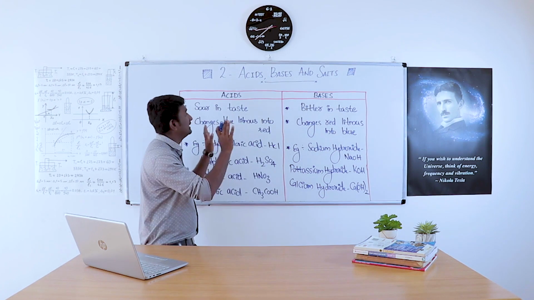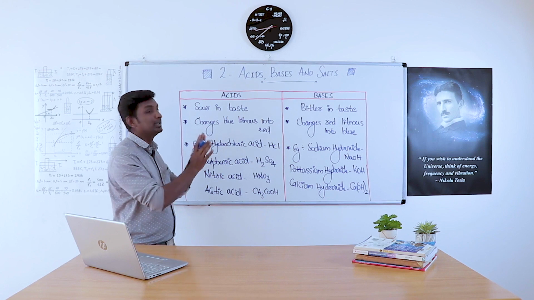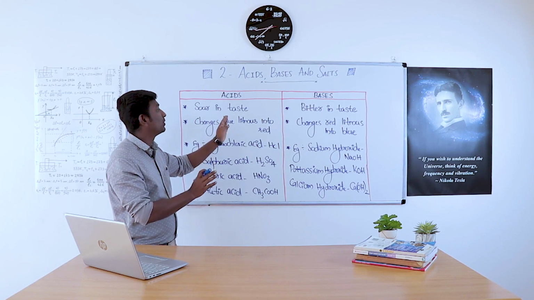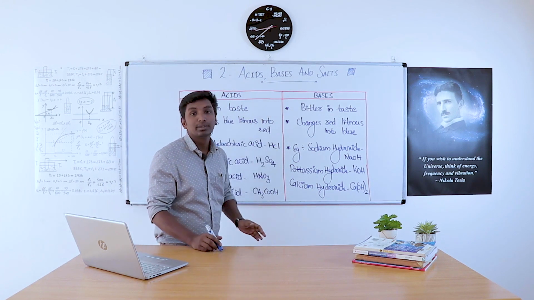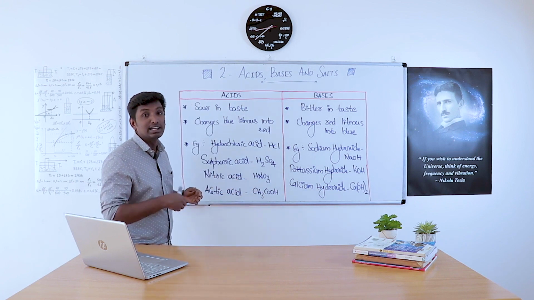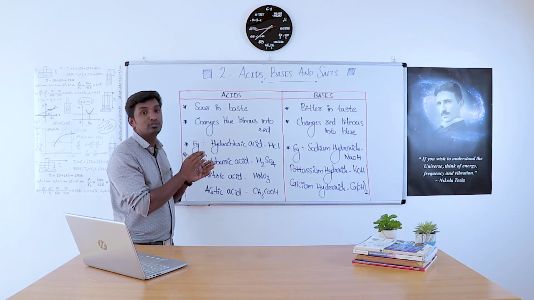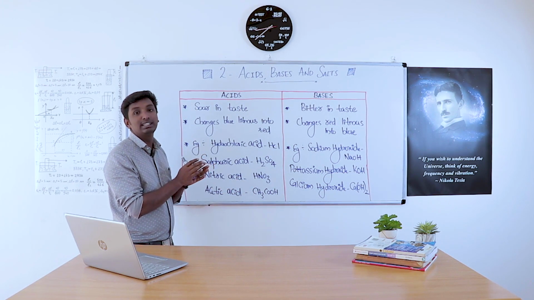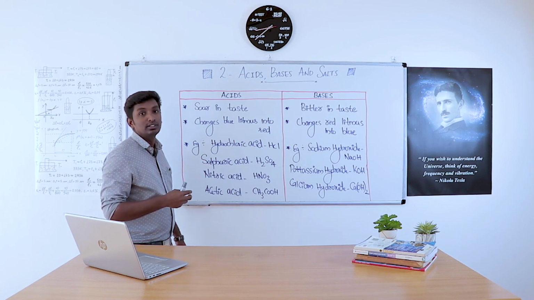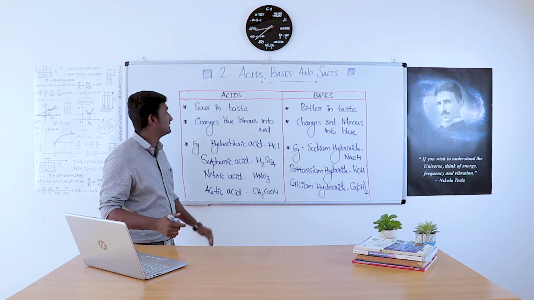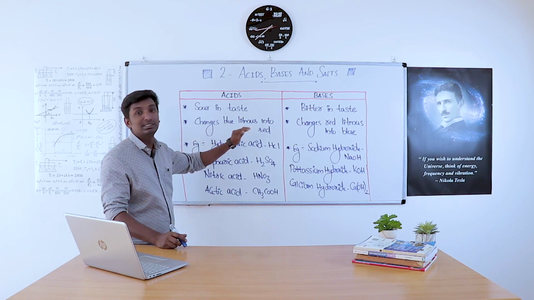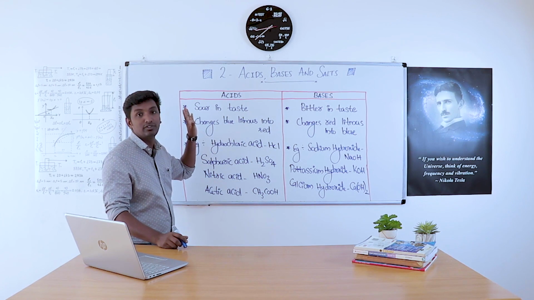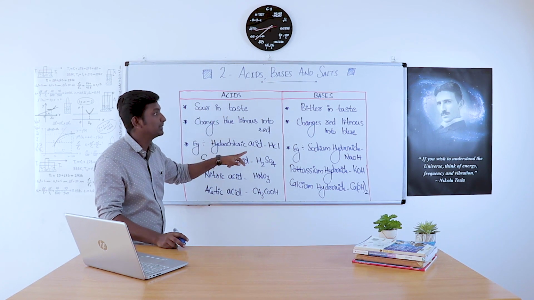So the basic differences between acids and bases are: acids have a sour taste while bases have a bitter taste. When we consider litmus paper to find the presence of acids and bases, if blue litmus turns to red, then the presence of an acidic substance is noted.